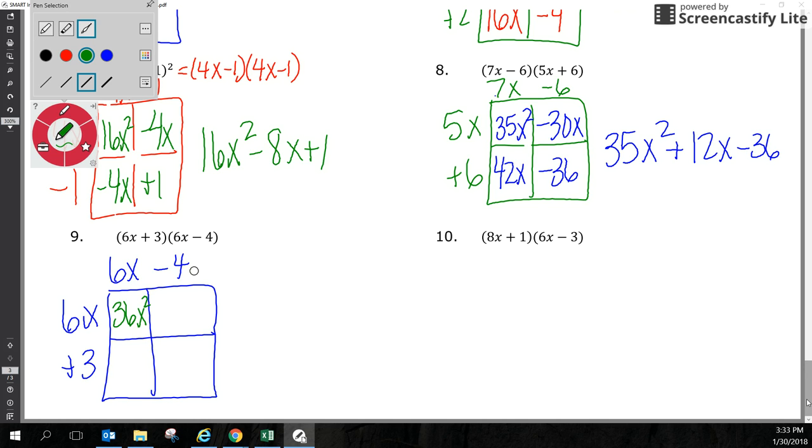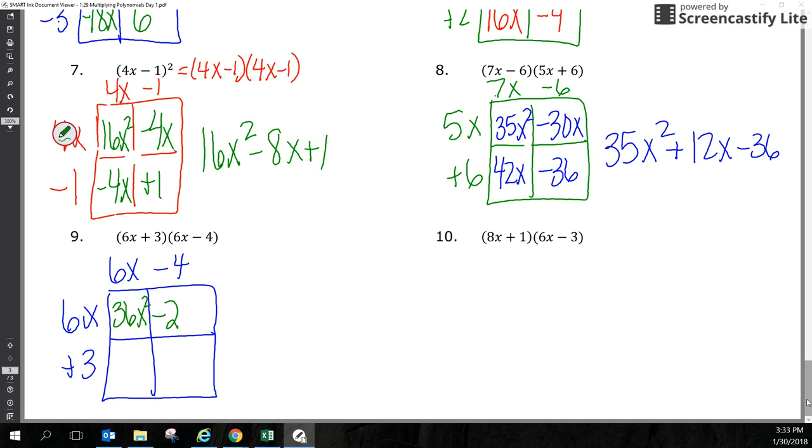Then 6x times negative 4 is negative 24x. 3 times 6x is 18x. 3 times negative 4 is negative 12. So that gives me 36x squared. Combining my x terms, negative 18 minus 24, sorry about that, would be negative 6x, and then negative 12.